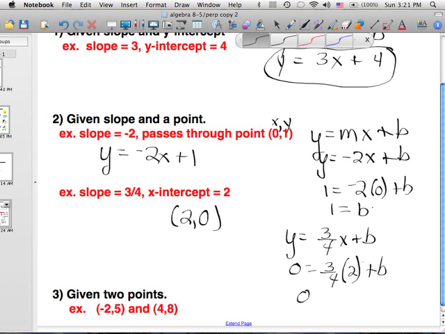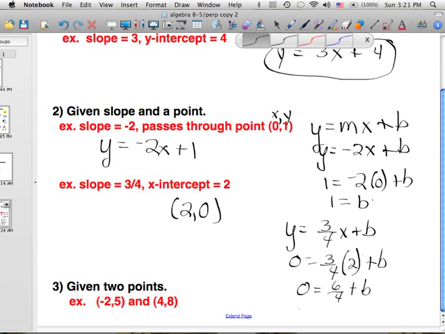So 0 equals 6/4 plus b. Subtract 6/4, which is 3/2. So my intercept would be negative 3/2. So the equation would be y equals 3/4 x minus 3/2.